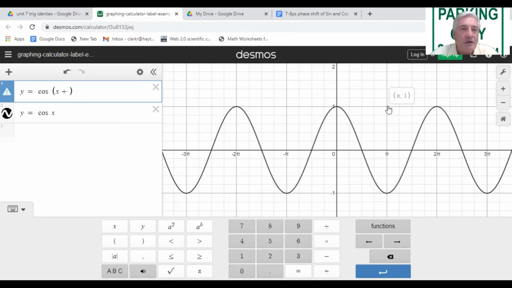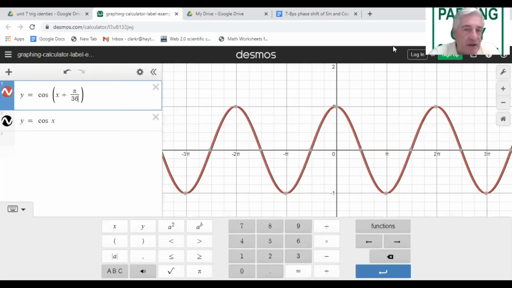Could we make a very tiny little shift? We could make a tiny little phase shift, which is what we've done now, but it's hard to tell that I only moved this a few degrees.